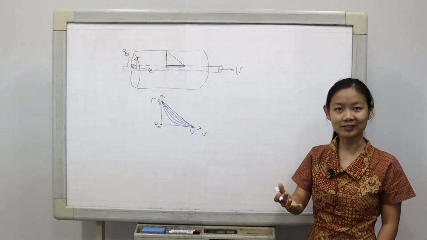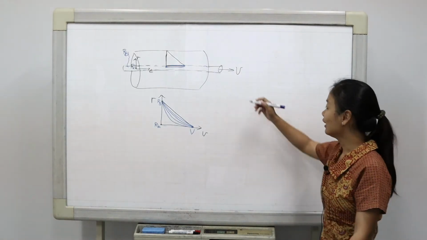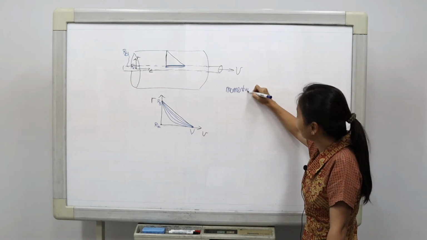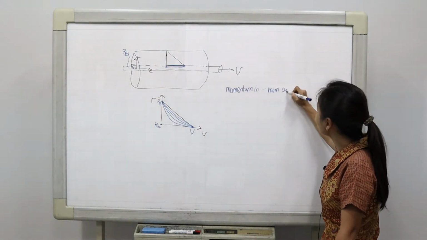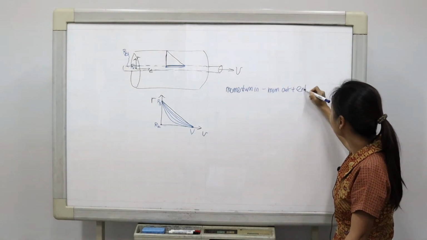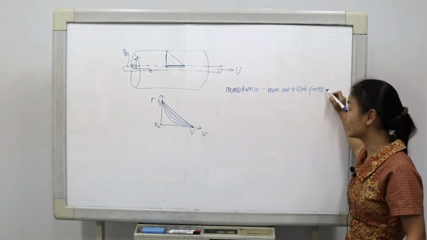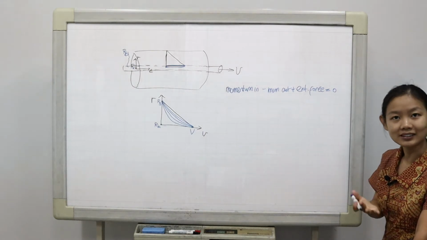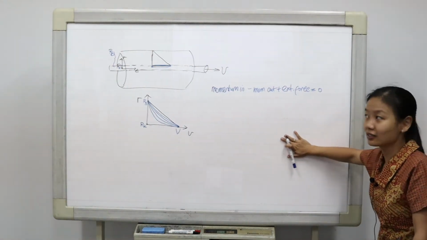What we usually have in class is that momentum in minus momentum out plus the external force, in steady state condition, equals 0. But in this case, our case is not steady state.